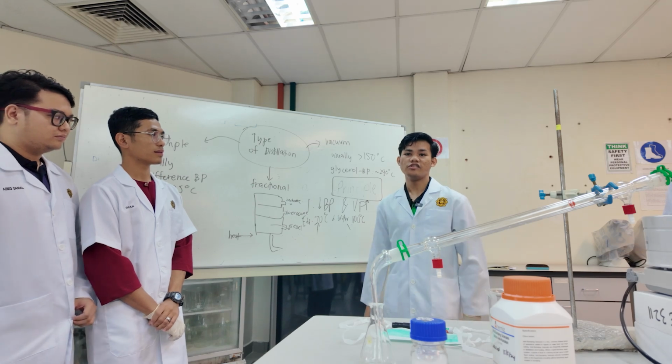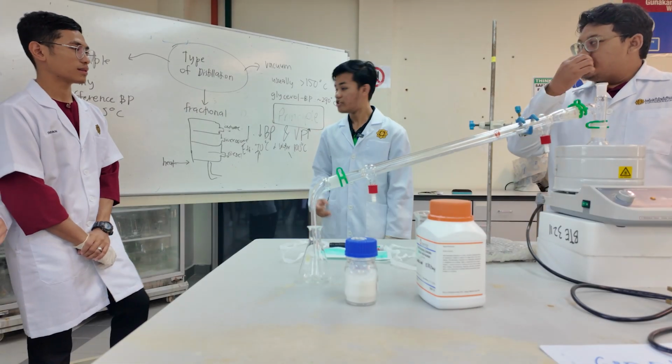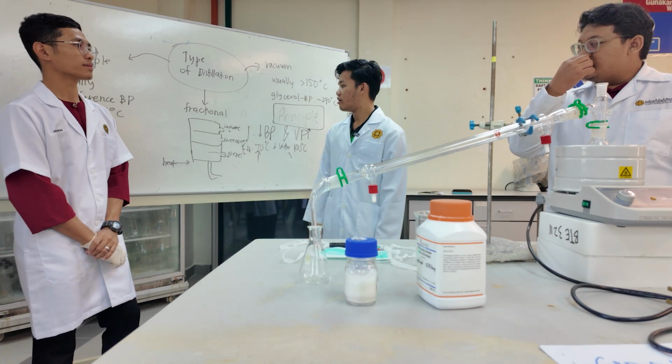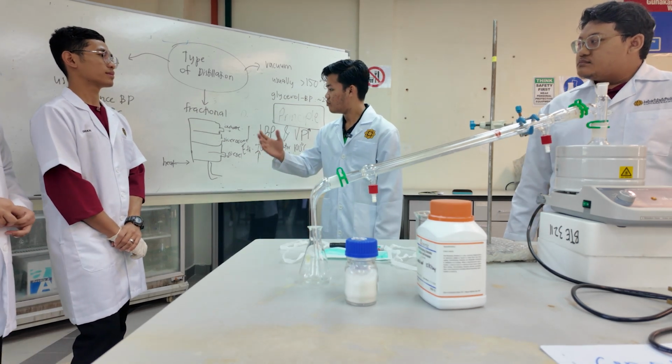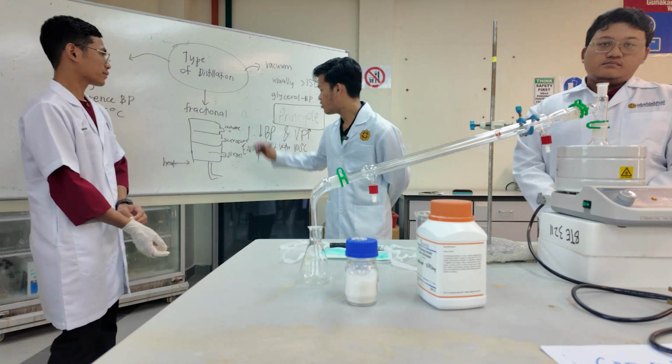The easiest example is RON 95, RON 97, and diesel. Those are the common products that the petroleum industry produces.